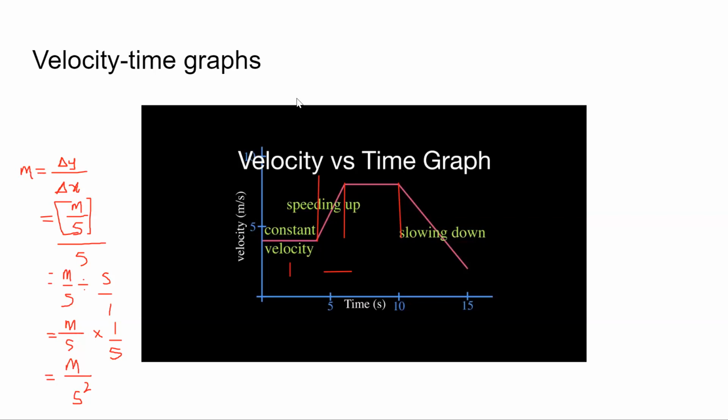A negative velocity could indicate that the object is moving in the negative direction. And when we're trying to create an acceleration time graph, it would be a negative slope. Yeah, so any questions about that?